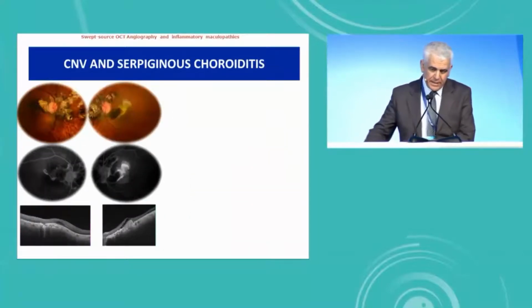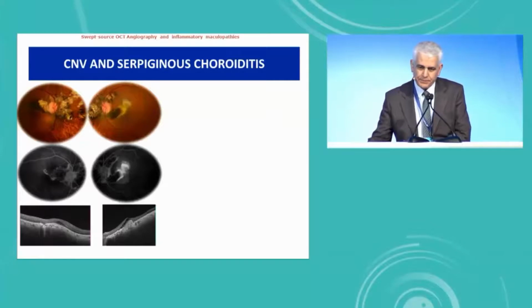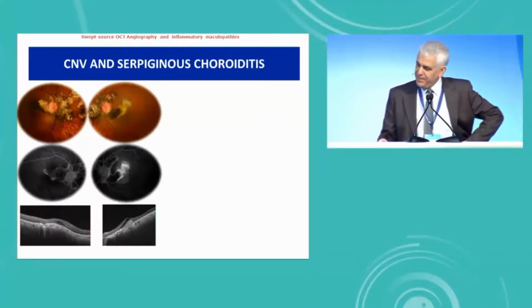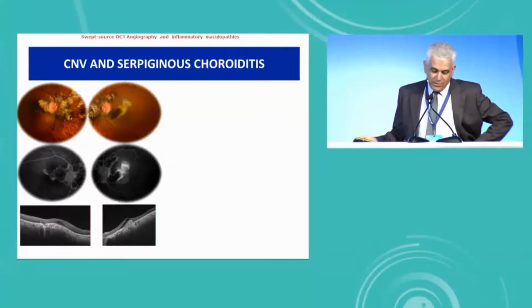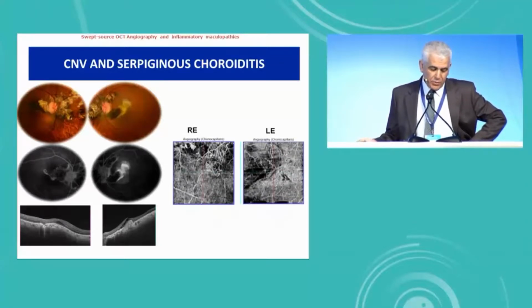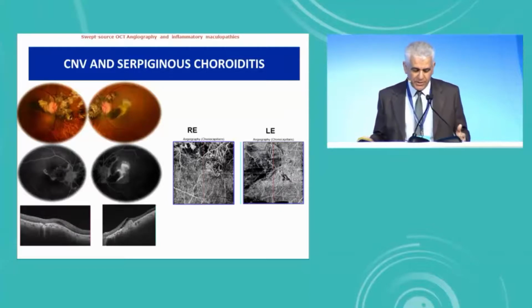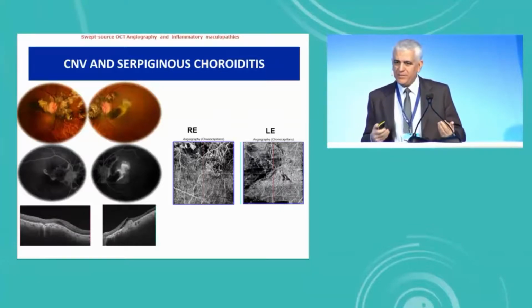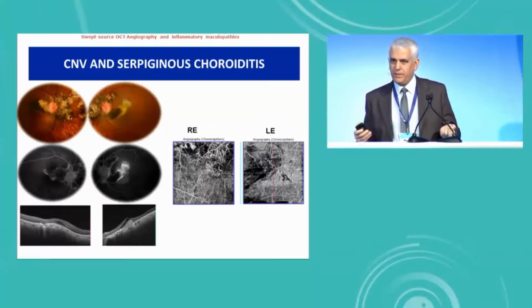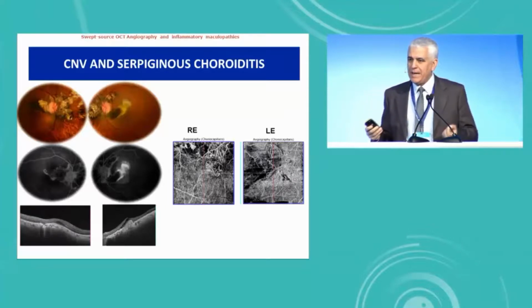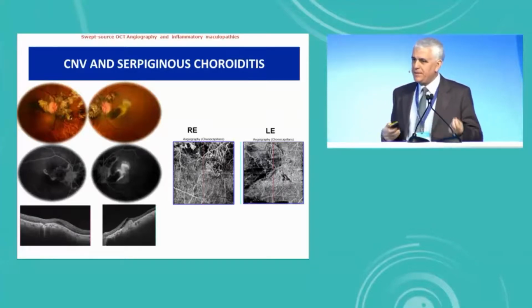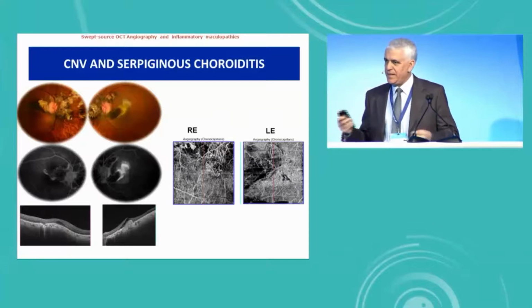Another important role for OCT angiography is the diagnosis of choroidal neovascularization in association with inflammatory conditions. OCT angiography is very important to detect choroidal neovascularization, and in some entities to differentiate between CNV and active lesion.